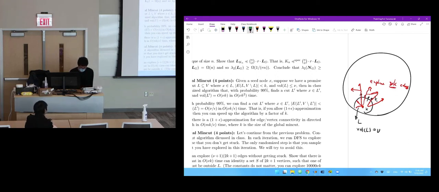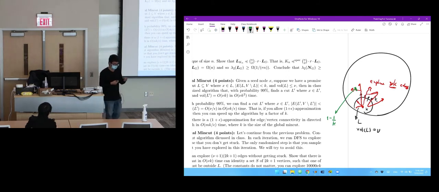And once we do this, if you sample just some edge among the ones that you explored, then with probability 1 minus 1 over k, you will be outside. So if you do this step k times, then with constant probability, every time that you sample, you get something outside L, and that's good.